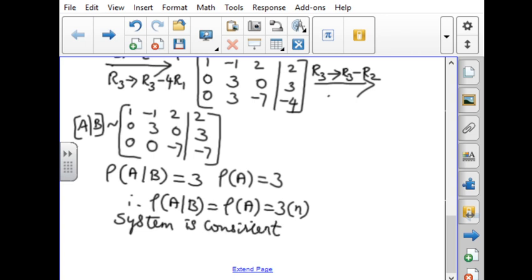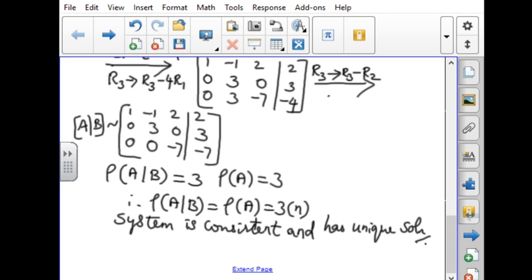The system is consistent, and what about the solution? It has a unique solution.